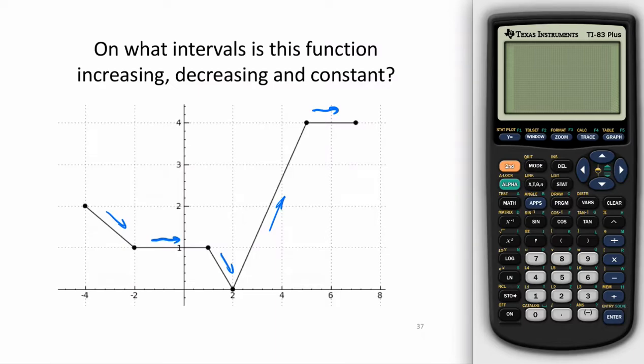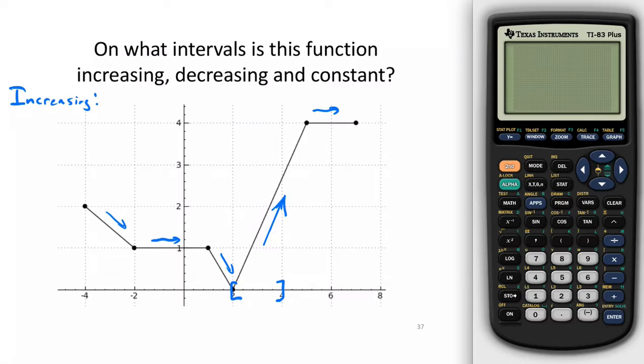So let's write down where this function is increasing. Here, I'll write it up here. This function is increasing on this chunk right here, which starts at a value of 2 and ends at a value of... oh, no, not 4.